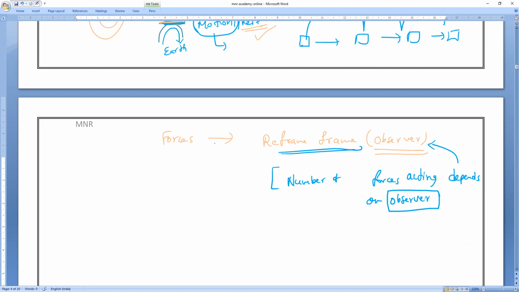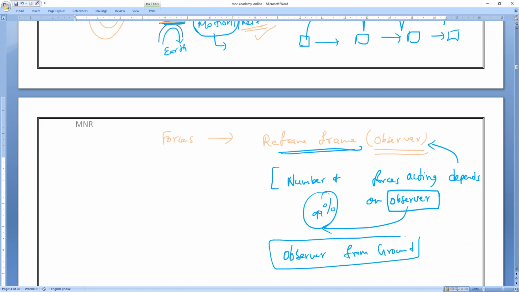That is the reason, if you notice, in the majority of cases, 99%, the observer is taken from the ground.